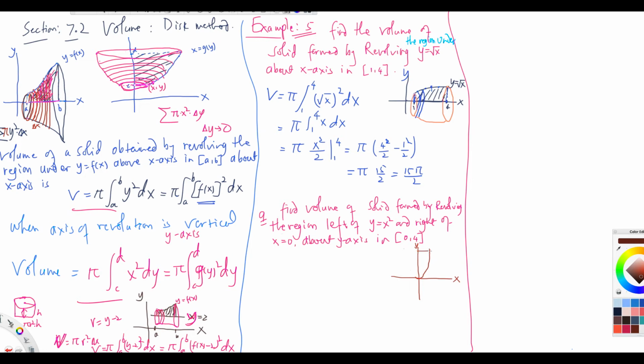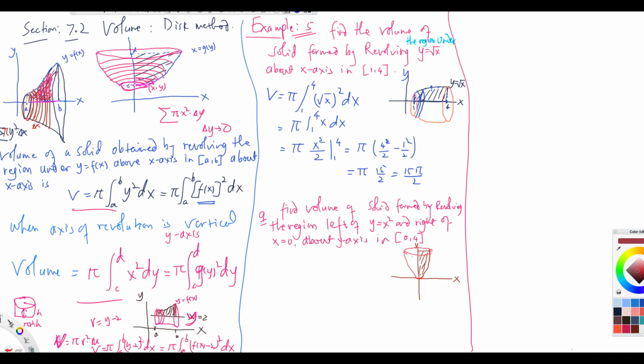Let's say this is y equals 4, y equals 0, and you are revolving that region. So how does that look? If you revolve it, it will look like this. This is the solid that you get. This is not exact, but this is what you get.